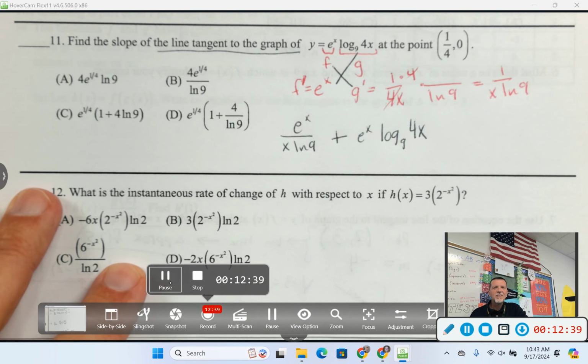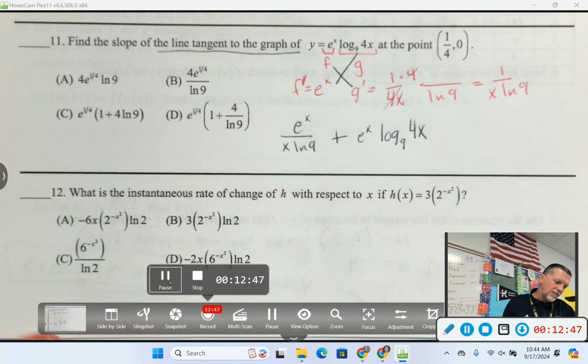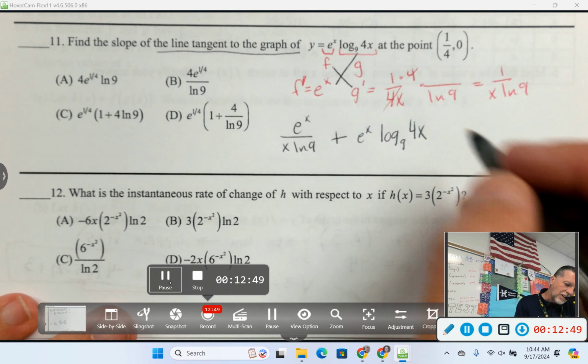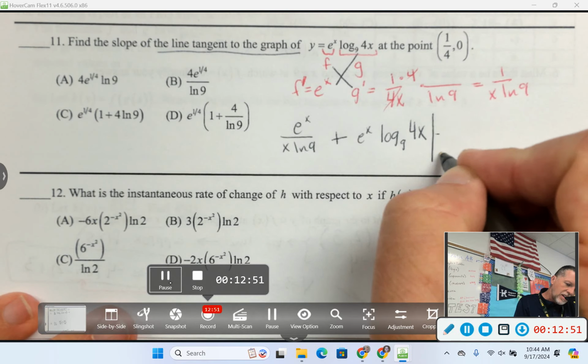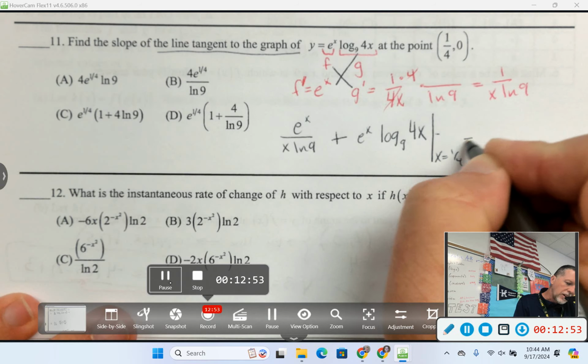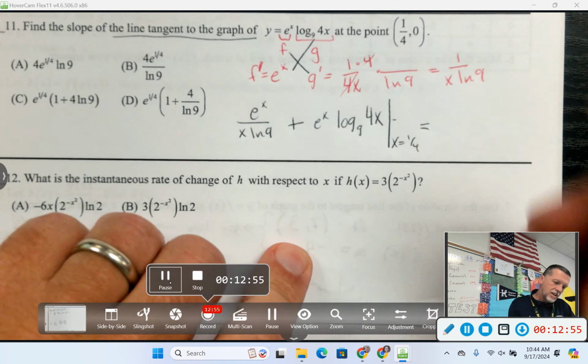And we want to plug in 1/4. Ugly thing to plug in here. So we'll do that evaluate bar there, so I can throw an equal sign on there.